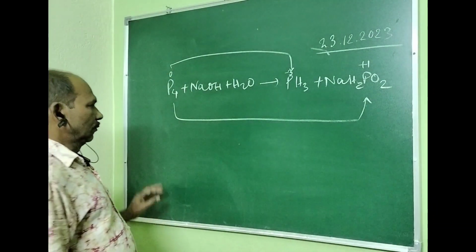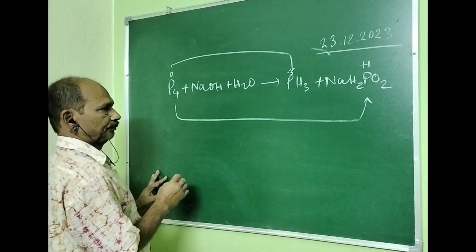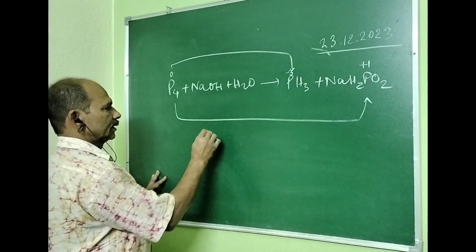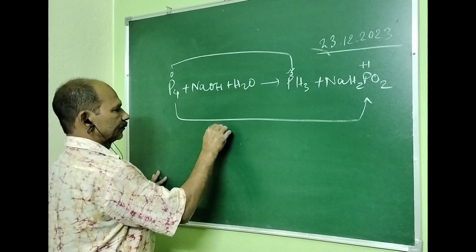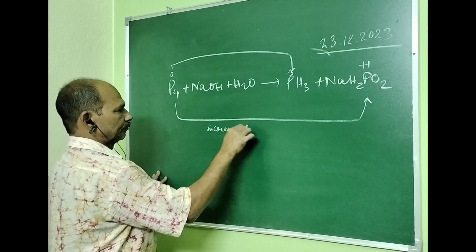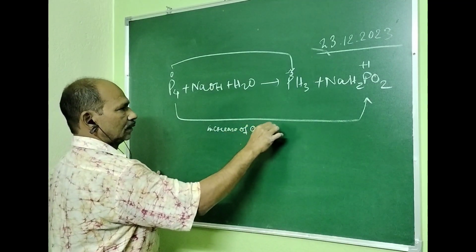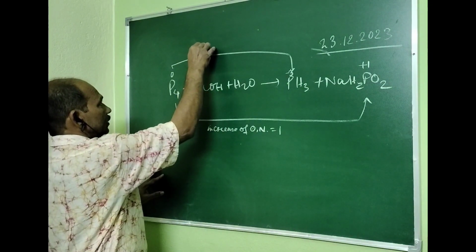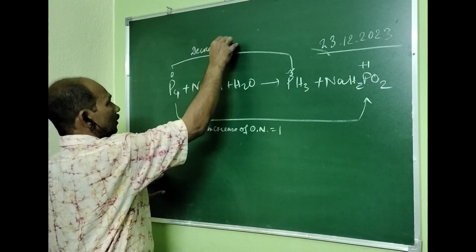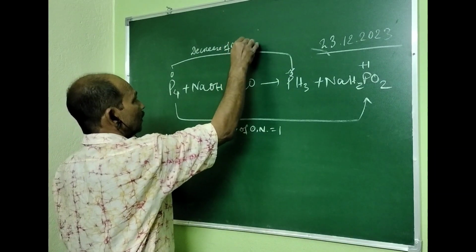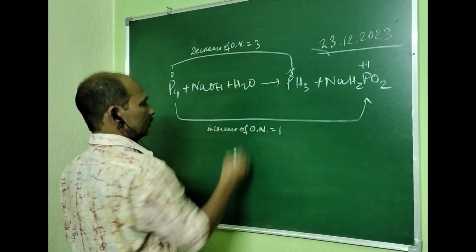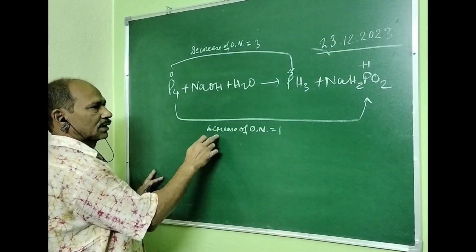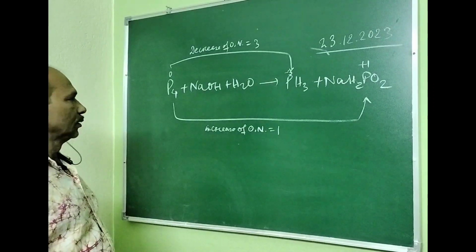So for one phosphorus atom, the increase of oxidation number equals 1, and the decrease of oxidation number equals 3. So you have to multiply this portion by 3.